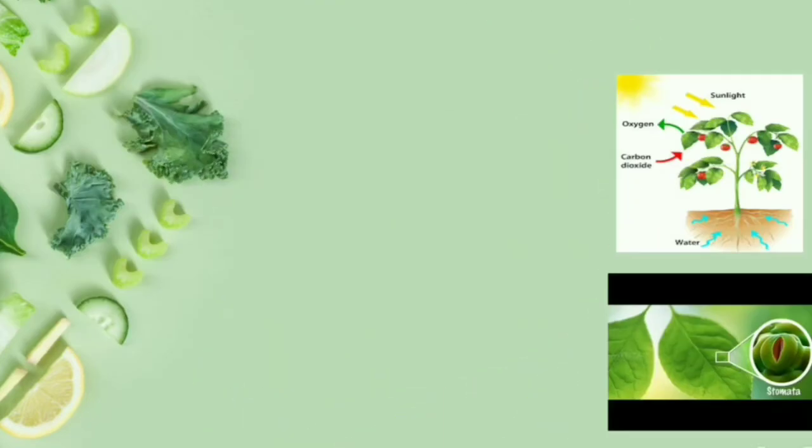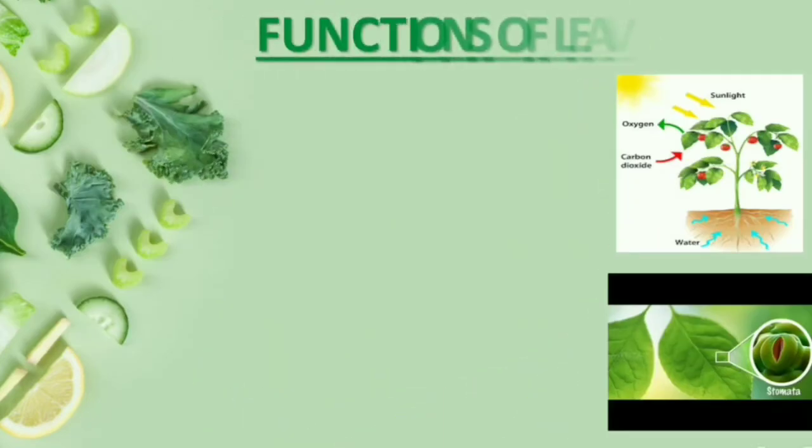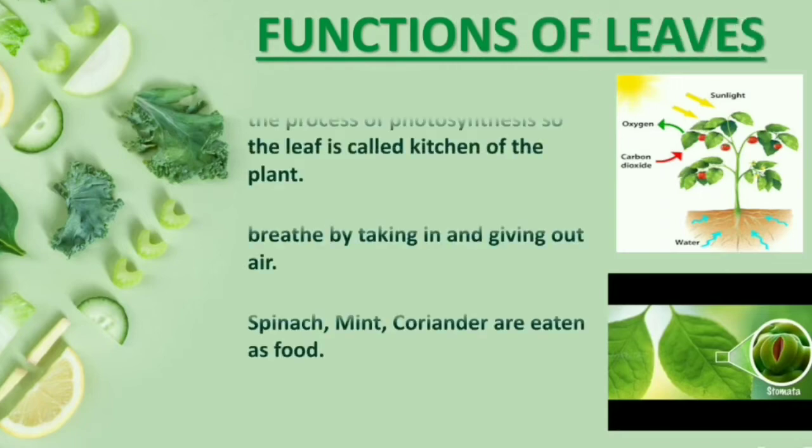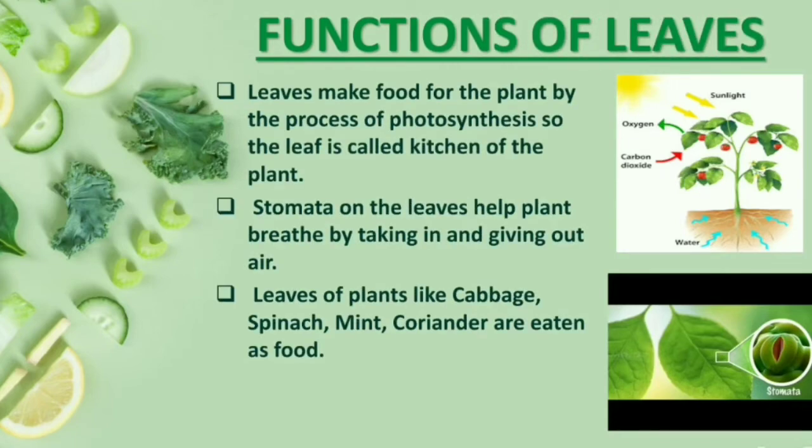Now we'll read about the function of leaves. As I already told you, leaves make food for the plant by the process of photosynthesis. So the leaf is called the kitchen of the plant. Stomata on the leaves help plant breathe by taking in and giving out of gases. In the second picture, it is clearly shown the tiny holes, that is stomata, present on the leaves, through which taking in and giving out of gases take place.